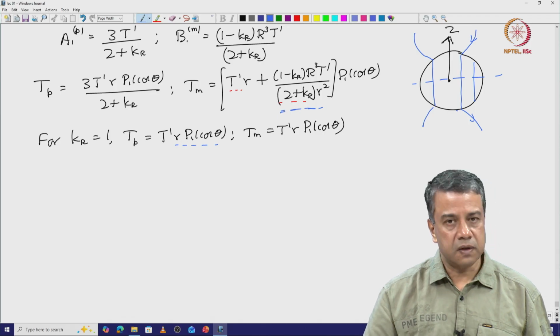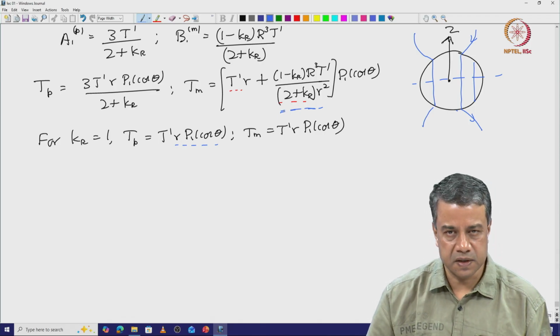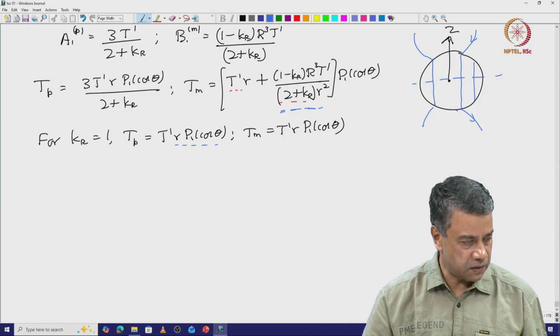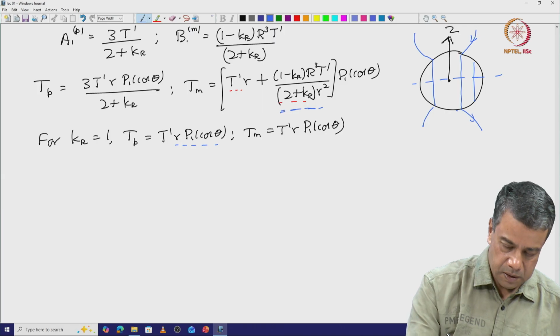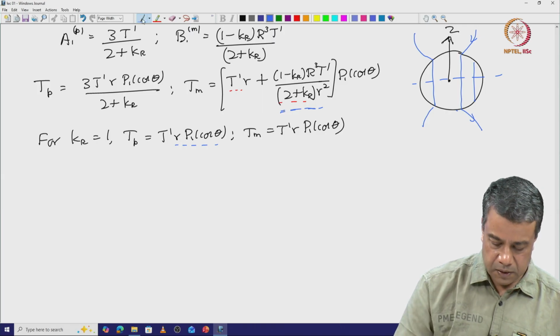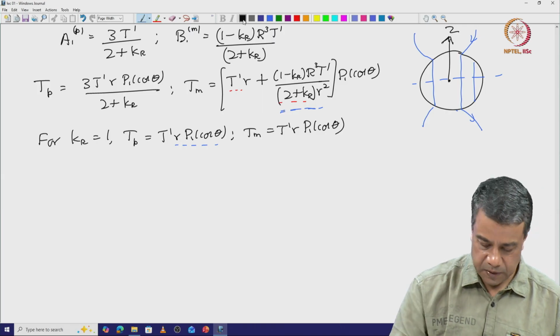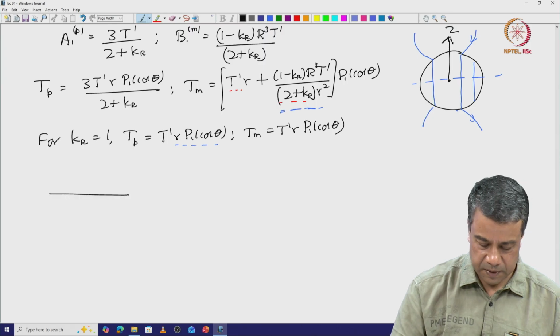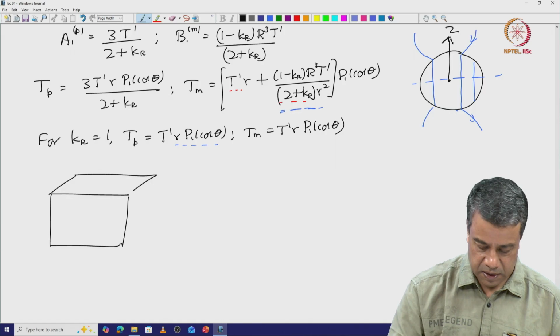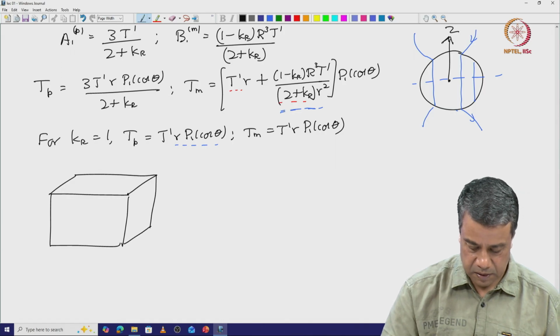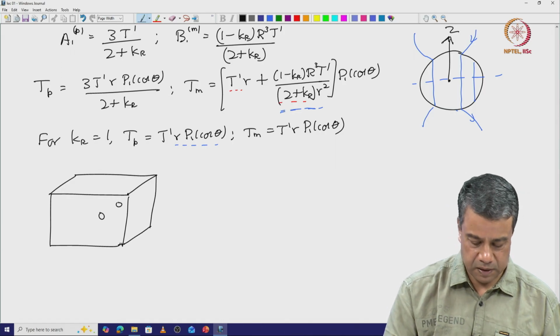I have now got the temperature field around a single particle. Recall that our original problem was to determine the temperature field due to a composite, with a large number of spherical inclusions in it.